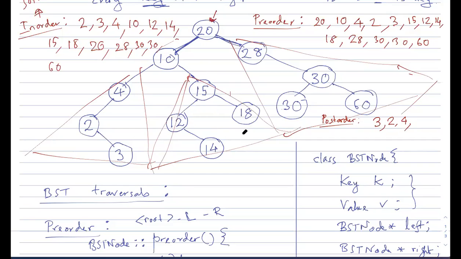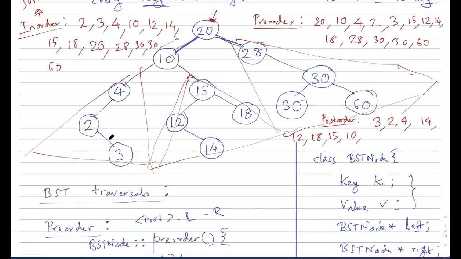So it goes to the left subtree, which is 12. 12 has a right subtree, so it goes to 14. And after printing 14, now it is ready for 12. And after printing 12, it goes to the right subtree of 15, which is 18. And then it prints 15. At this point, it is done with both the left and the right subtree of 10. So now it is ready for printing 10.